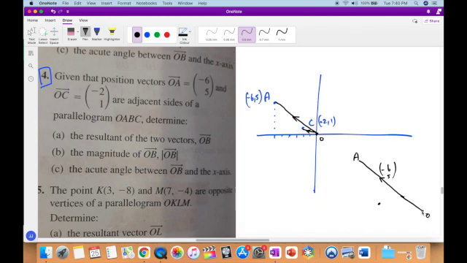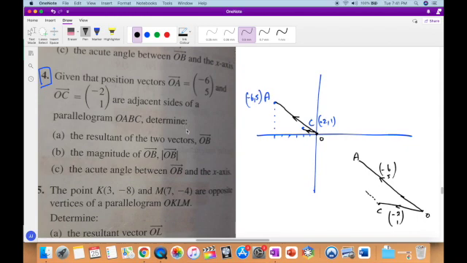O. And then I have OC, which is here, which is negative 2, 1. Right? So I just kind of expanded the diagram just to see. And they say that this makes a parallelogram OABC.